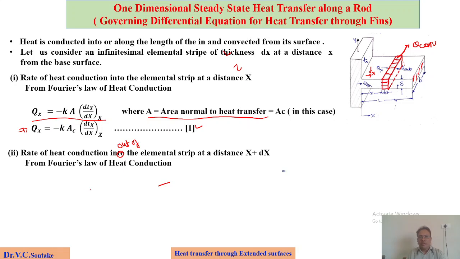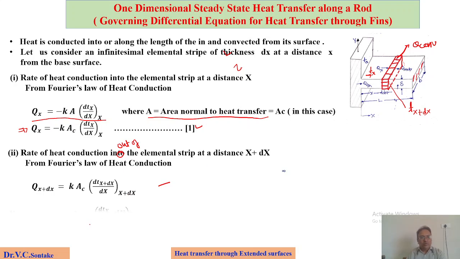So once again, from Fourier's law of heat conduction, the equation can be written as q(x+dx) is equal to minus k Ac dT(x+dx) over dx, at a distance of x plus dx.